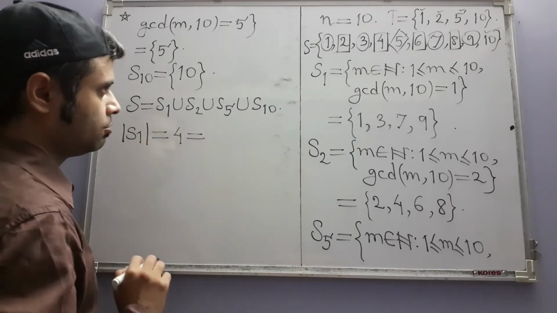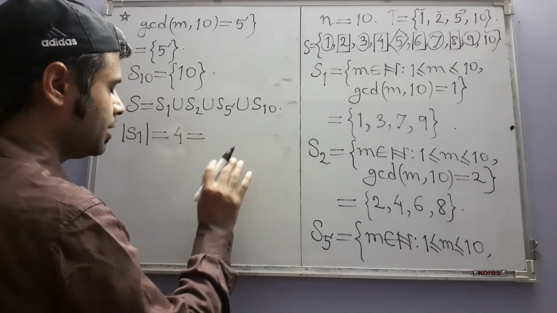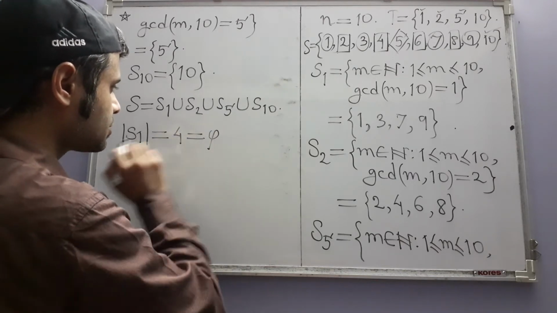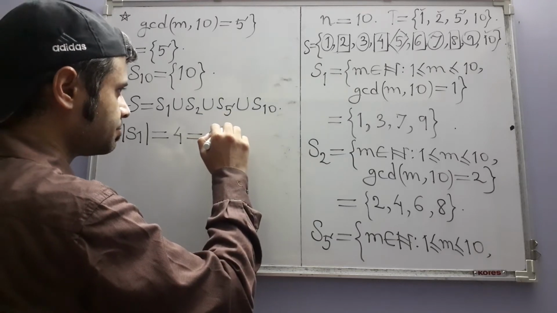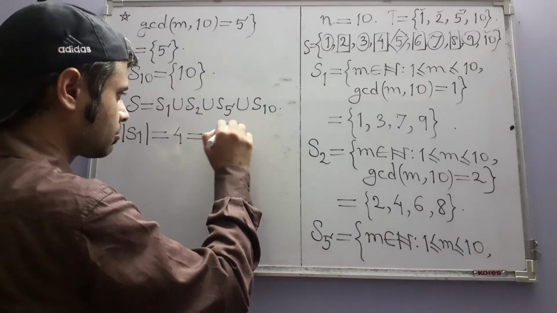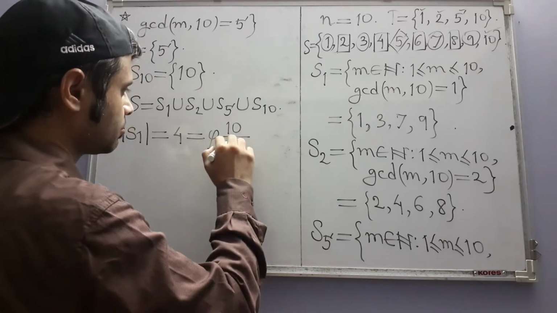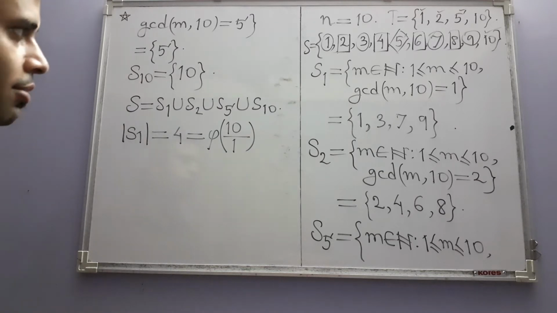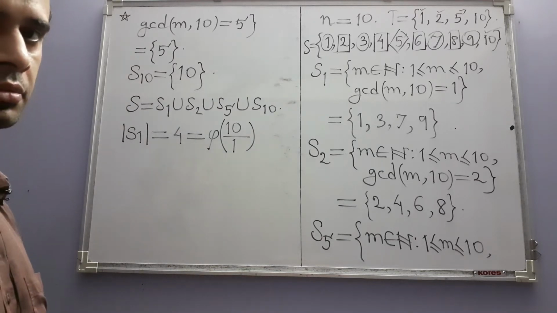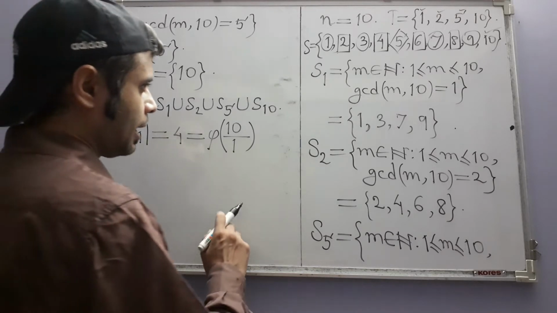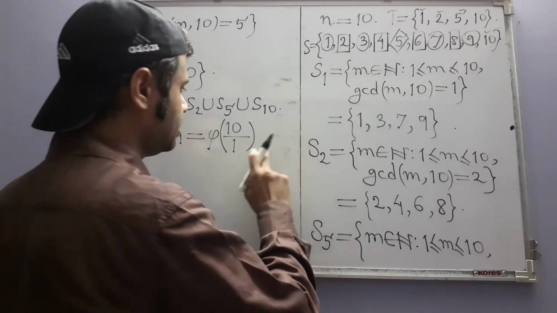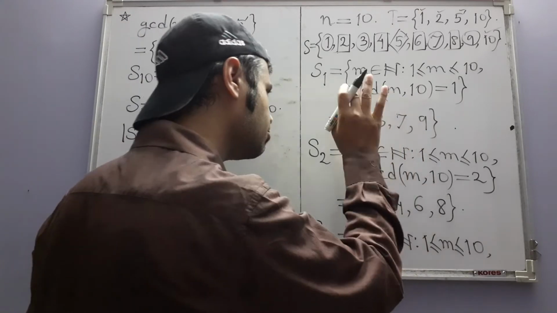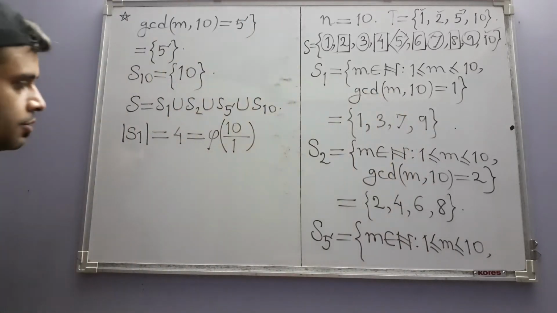Now you note one thing, that this will only be an observation, an ad hoc observation, is that this 4 is in fact the phi value of 10, and you can in fact understand why it is the phi value of 10, because here we are considering particularly those type of n, right?